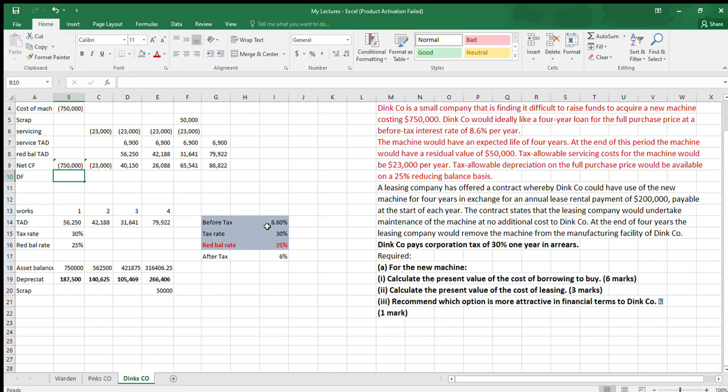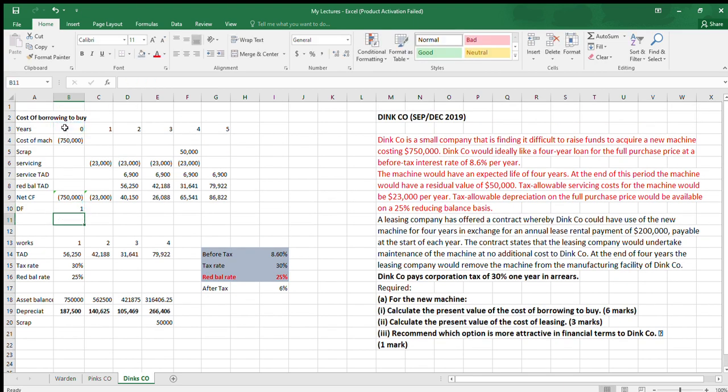So your discount factor is equal to 1 plus the 6%, exponent negative the number of years. That is, raised to the power of the number of years. You drag it to your year 5, to four decimal places.